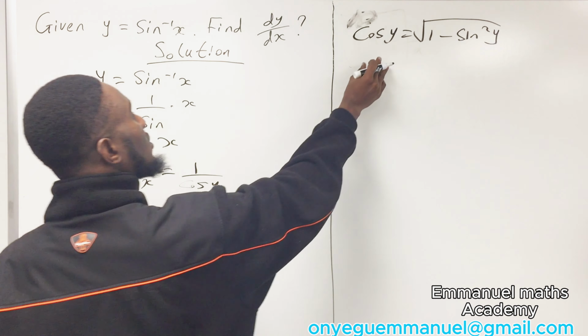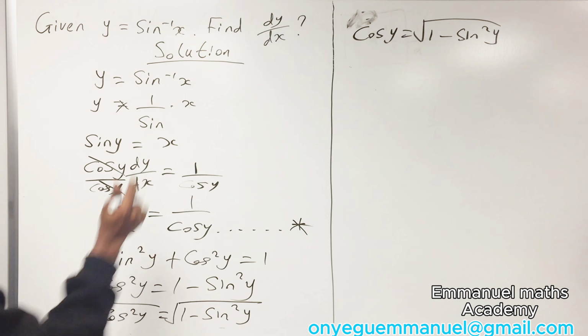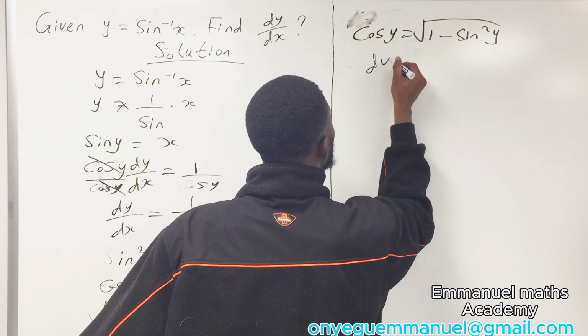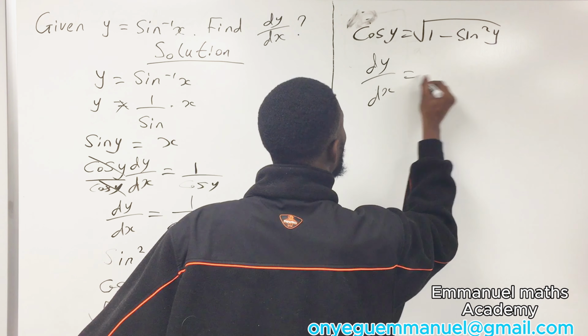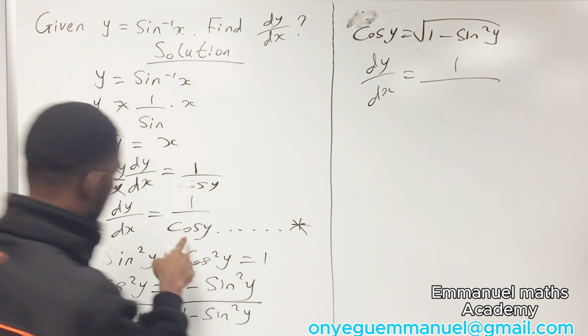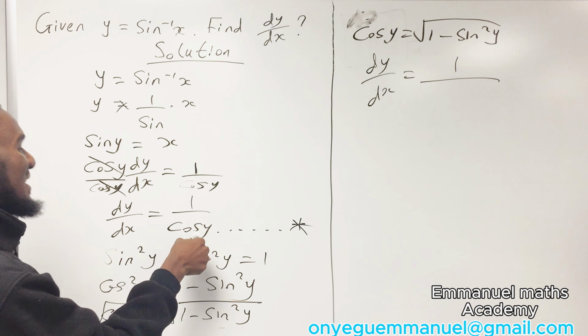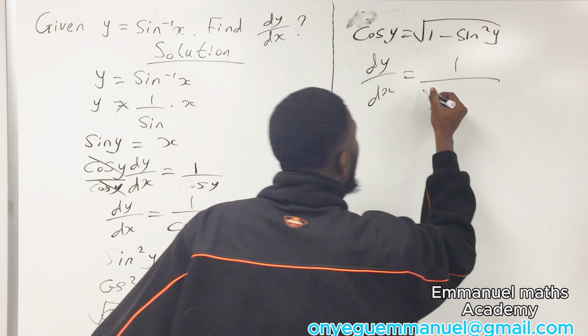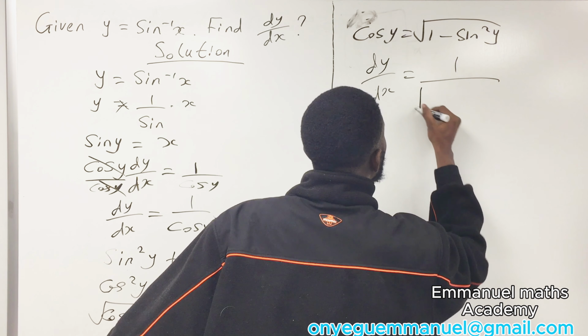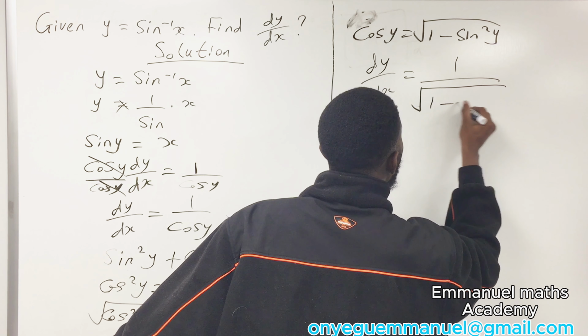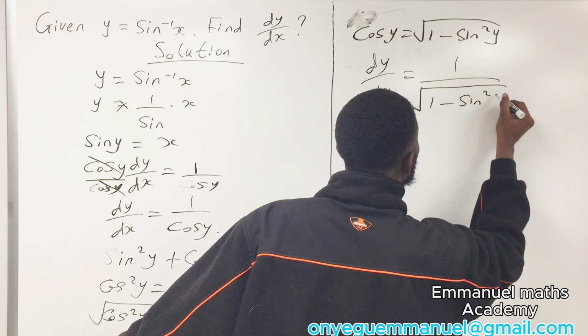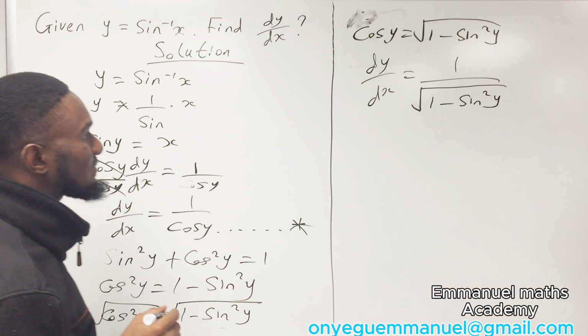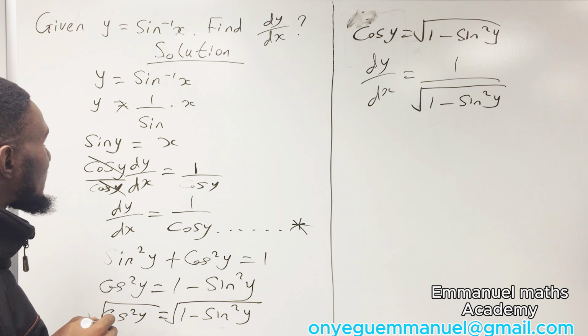So you now substitute the value of cos y in star. Here you have dy/dx equal to 1 over cos y. So we'll be replacing cos y with what we have here, right? So we have square root of 1 minus sine squared y, right?